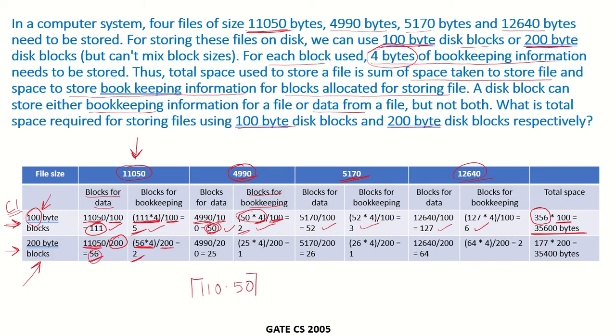And when you do all of this for each file, we see that the total blocks required would be 177. Now multiply this by the block size, which is 200 bytes. So we get 35400 bytes. So this is the space that is required if we use 100 byte blocks or if we use 200 byte blocks.